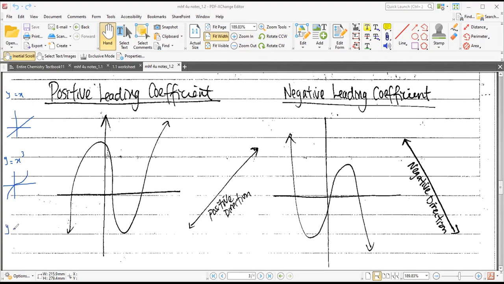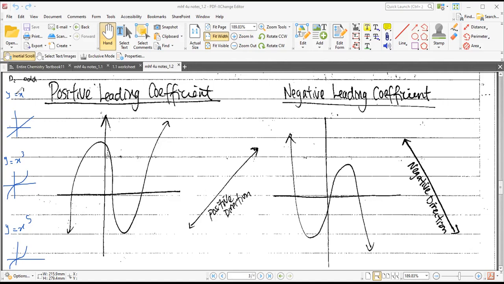Y equals x to the power 5 would be the same as x to the power 3. So as you see, we have the end behavior when the leading coefficient is positive. So the power here is what? This is odd. The degree is odd. Here 1, 3, 5, the degree is odd.